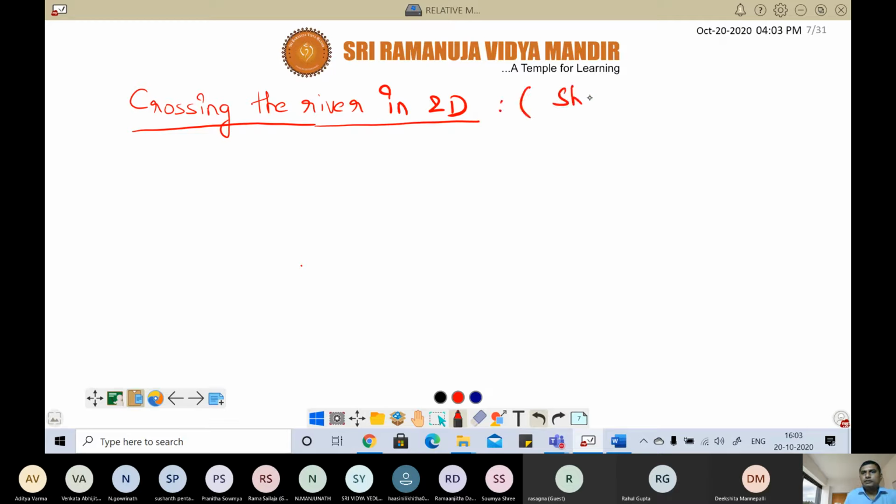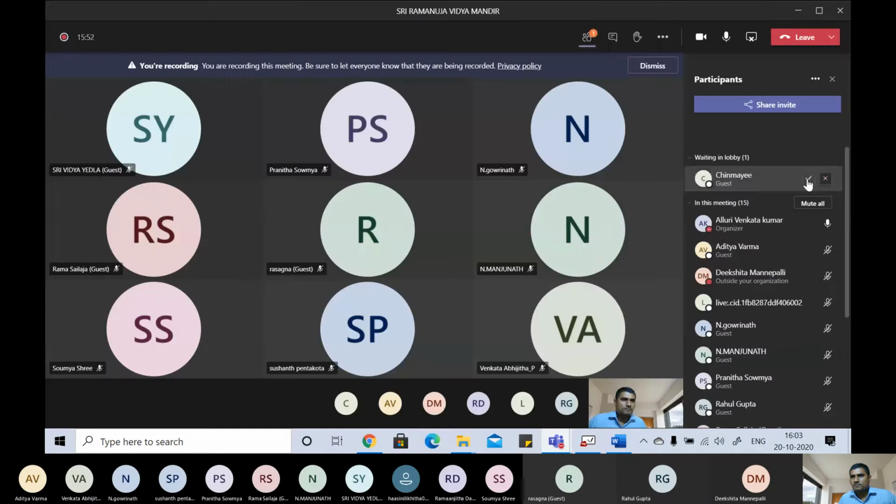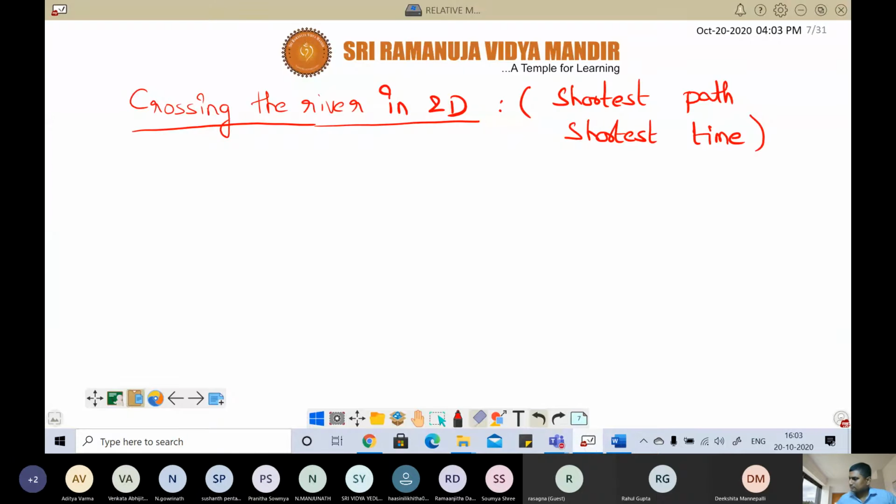In 2 cases, we are going to see the shortest path and also the shortest time. These 2 cases we are going to see. So let's begin.